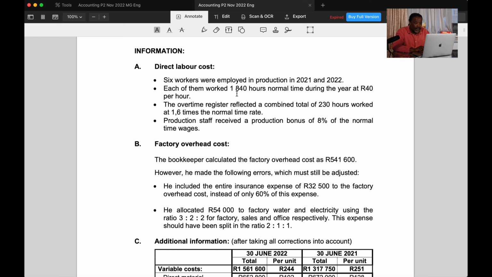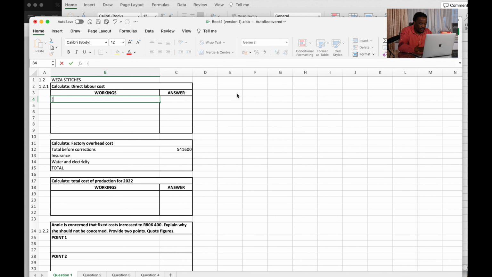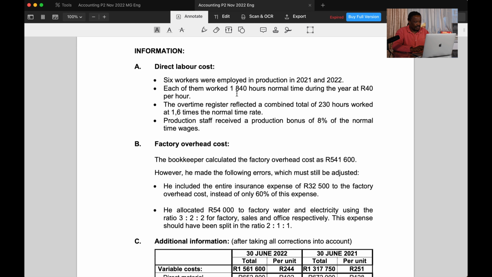Each of them worked 184 hours normal time during the year at 40 rand per hour. 1840 times 40 rand. And then what happened? The overtime registered reflected a combined total of 230 hours worked at 1.6 times the normal rate. Each of them worked these hours, and how many workers were there?